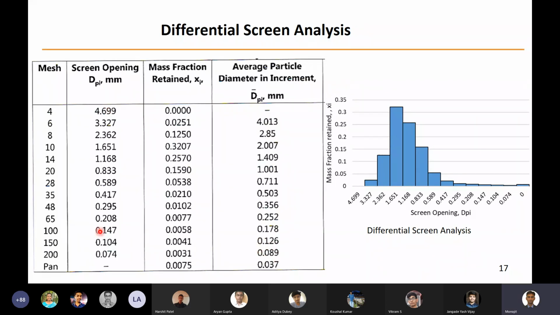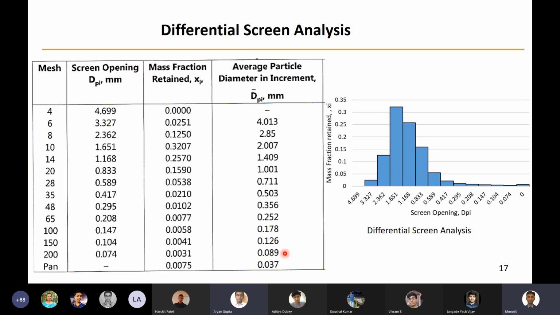See, this is what you will get from the experiment. These three. And this is the differential analysis, Dpi, that you are making. So how will you get this number? Those diameters that you mentioned earlier, from the table itself, can you get this number?